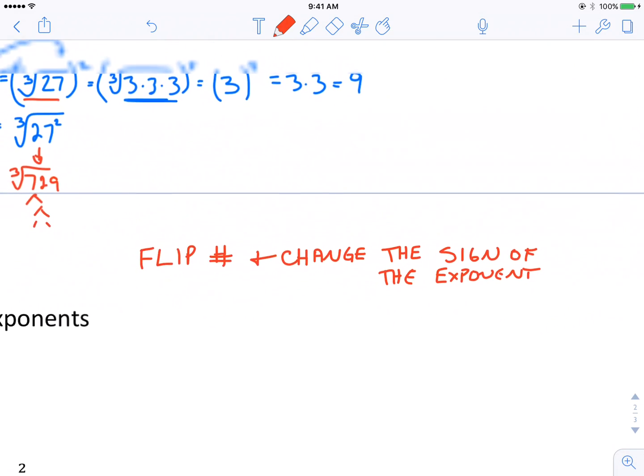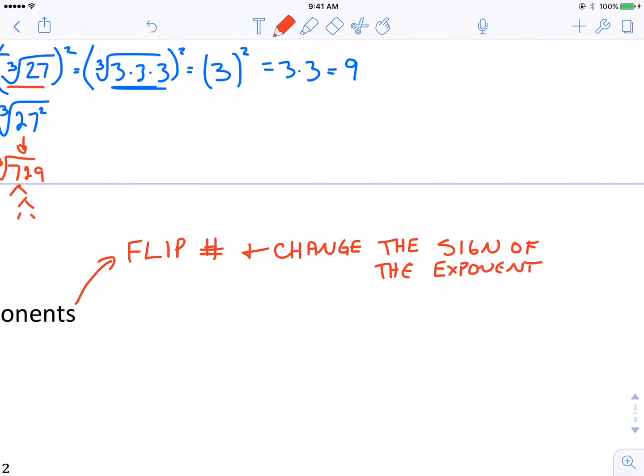So the rule with negative exponents is you're going to flip the number and change the sign of the exponent.